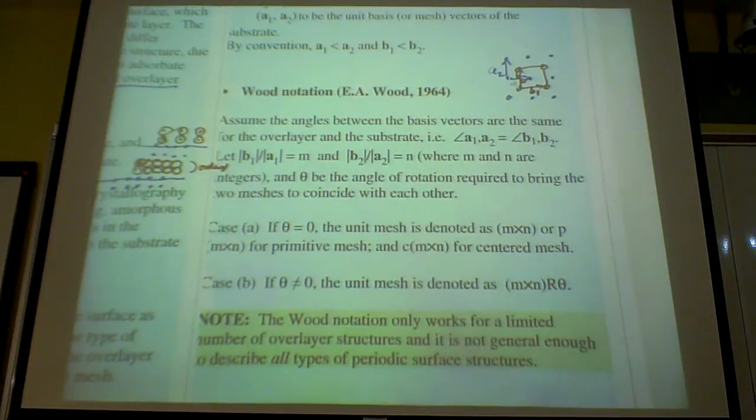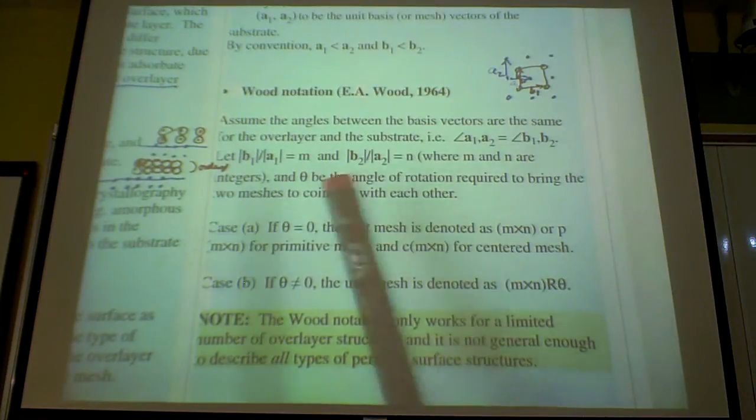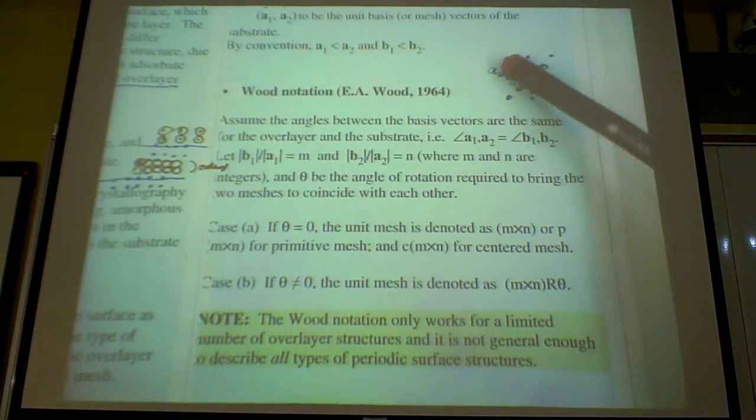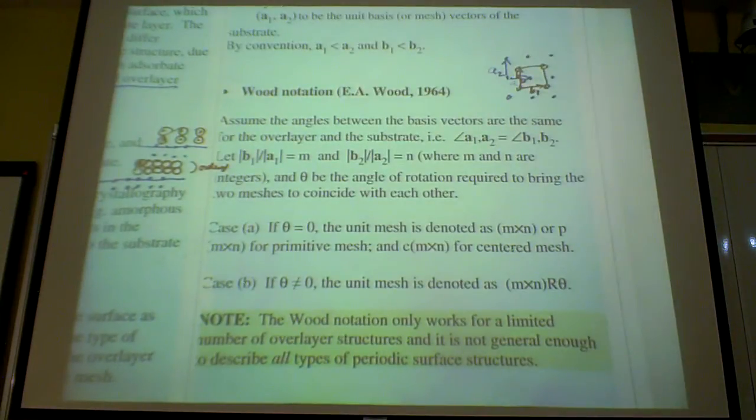We call it N. And M and N are integers in the Wood notation, which means that you're really looking at a very restricted number of overlay structures, because they have to fall into integers. In other words, your overlay grid vector has to be an integer multiple of the substrate grid. So it's a very restricted set of adsorbate or overlay structures that you have.